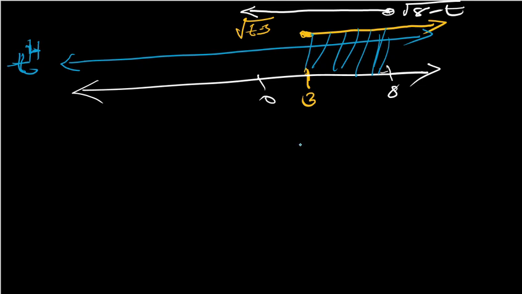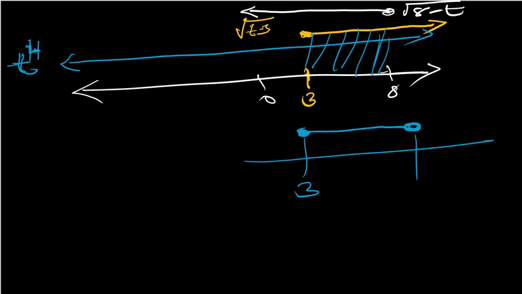So quickly, we can represent this on the number line as from 3 inclusive up to 8. And this can be written as 3 less or equal to t less or equal to 8.